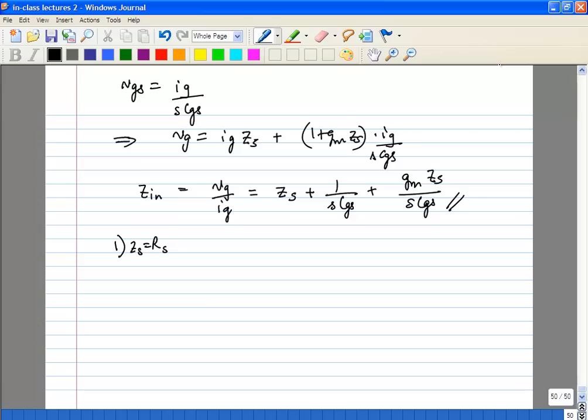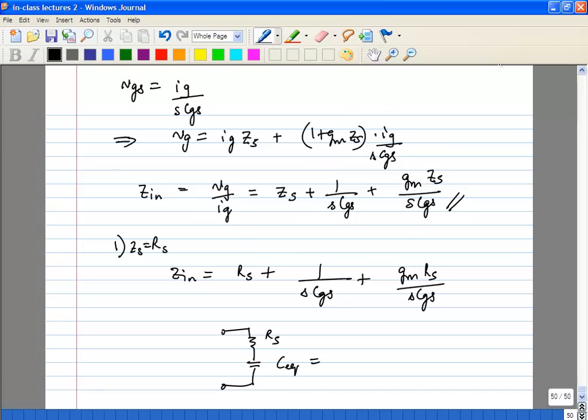I'm going to put in Zs equals Rs. What is Zn? It's Rs plus 1 over sCgs plus gm Rs over sCgs. So what is this? If you have to draw the equivalent circuit, you have Rs, which is this.